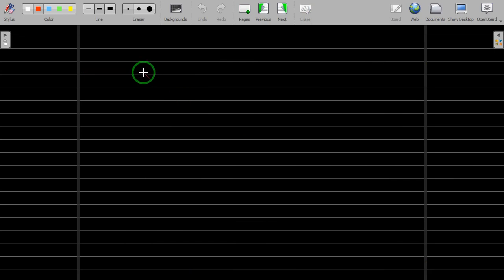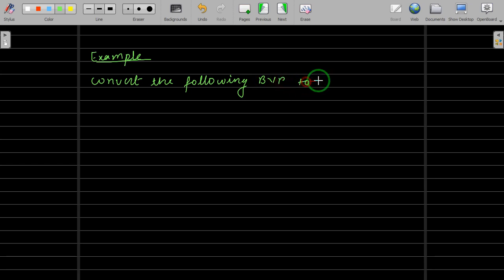Problems I have already given, but since I'm recording, I'll write the problems here. Examples, you try to convert those. Convert the following boundary value problems to integral equations.